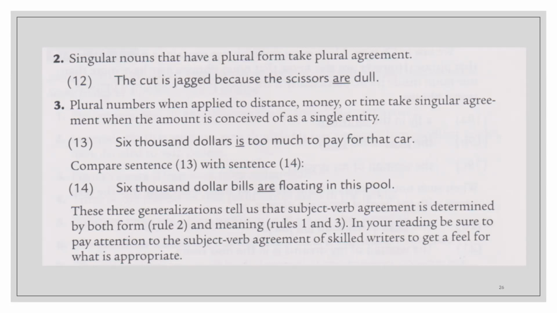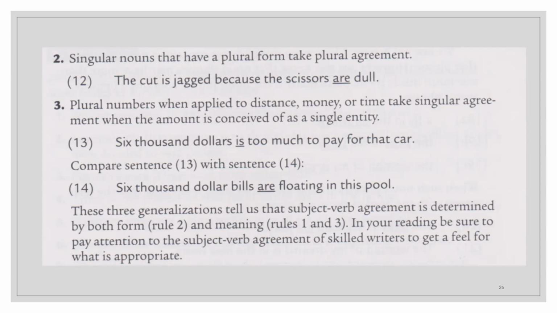Number 3, we see that plural numbers, when they're applied to distance, money, or time, take singular agreement if the amount is conceived as a single entity. So look at example 13, $6,000.